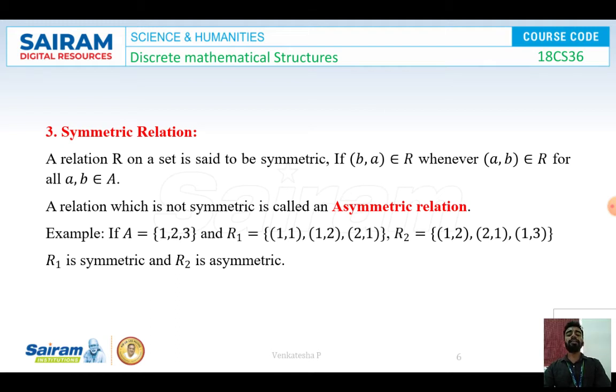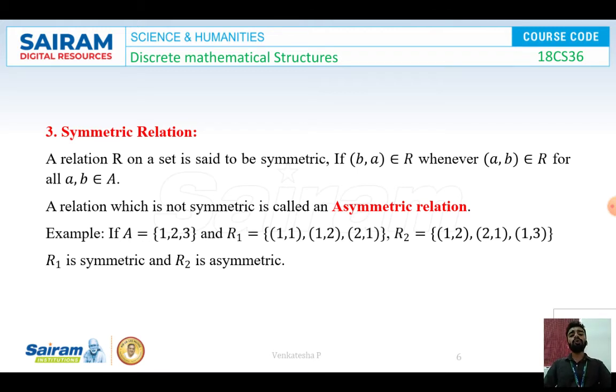We can see that the relation R1 contains (1,2) and (2,1), so we can say that R1 is a symmetric relation, because (1,2) and (2,1) belong to the relation R, and are contained in A cross A also.